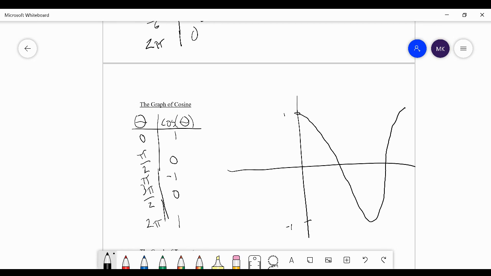The 0 to 2 pi is what we call one period of the function. We're going to talk more about graphing these and the terminology in section 6.5.